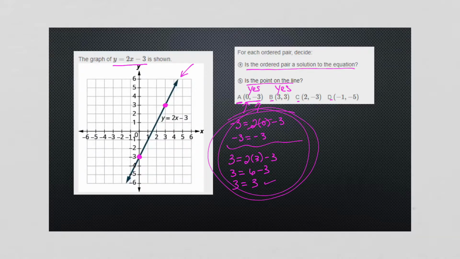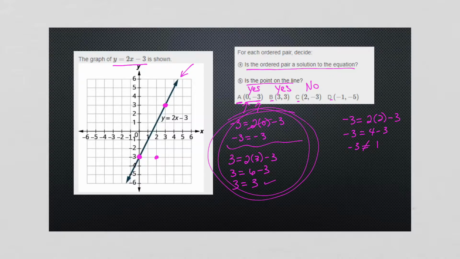All right, so let's look at C. 2, negative 3, that's right 2, down 3, that's right here. Notice how that dot is not on the line, so we would say no. Again, if you wanted to double check, you could do the algebra. Negative 3 does not equal 1.